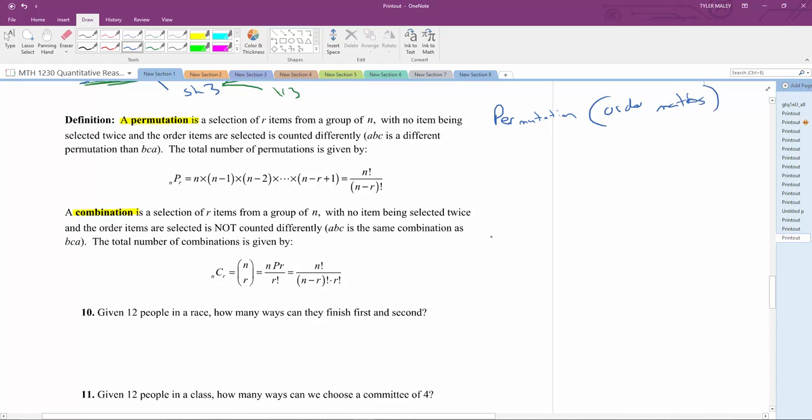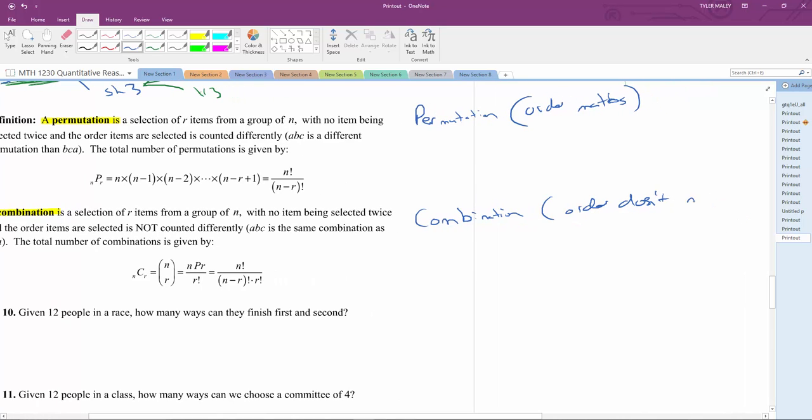right? With a combination, order doesn't matter. Right? And then also we need to remember this equation, right? So some ways to denote this, we have P and then we have N and R here, and this is equal to N factorial all divided by N minus R factorial, right?